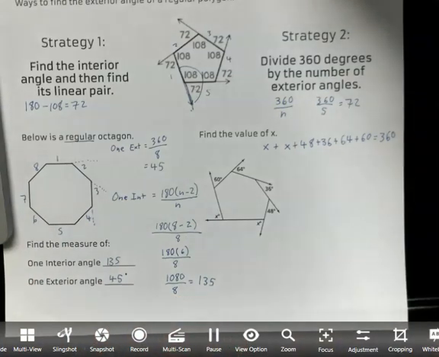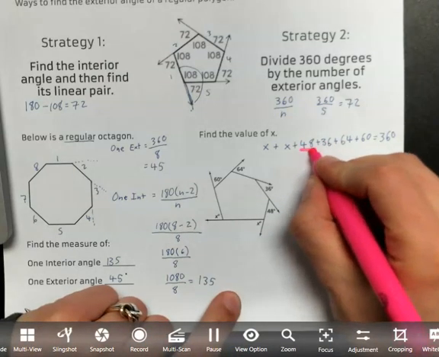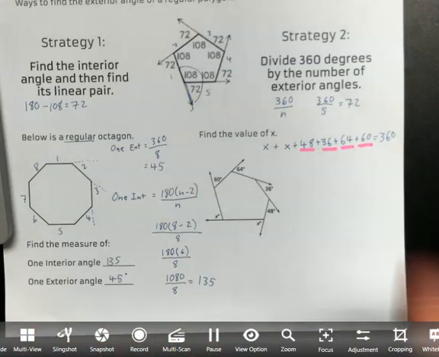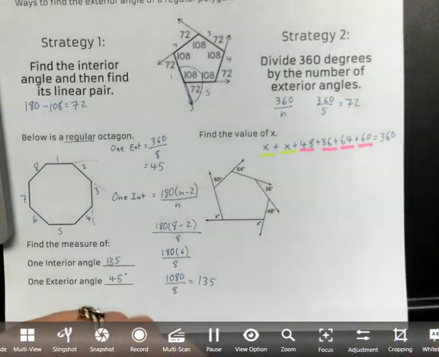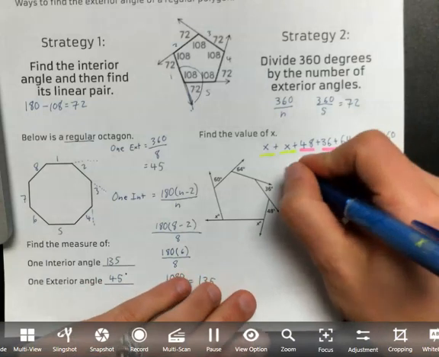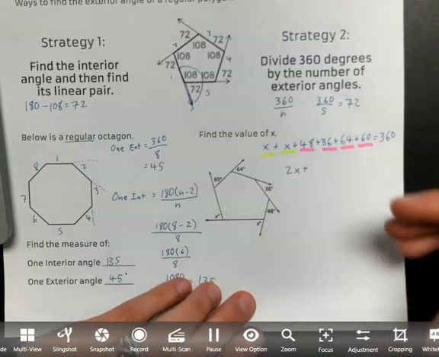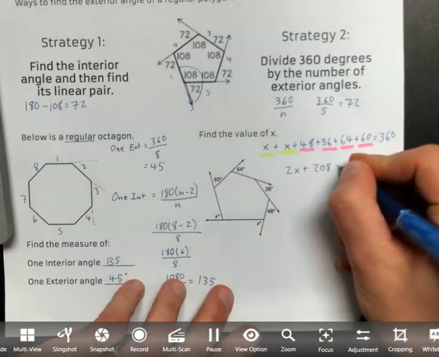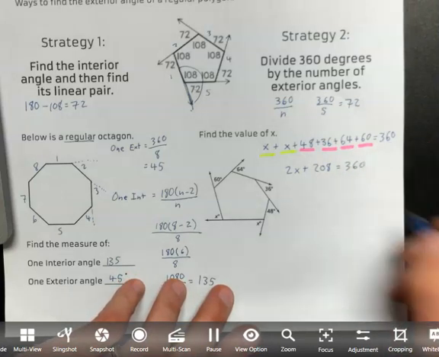From here I just need to combine my like terms and solve. These numbers right here do not have x's on them, so I can combine those. In the front, I've got my two things that have x's on them, so x plus x is 2x. Now I add all my pink numbers together on my calculator and get 208. And we still have equals 360 on the other side. We have not touched the other side yet.